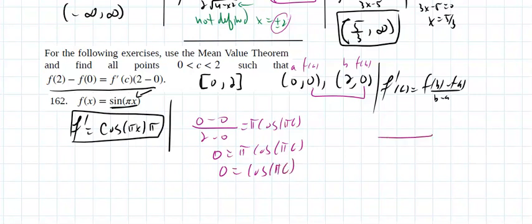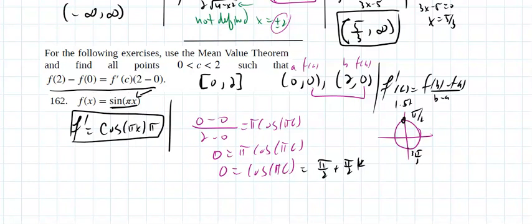So where does the cosine equal 0? Cosine is 0 at pi over 2, which is 1.57, right? And 3 pi over 2. So the answer will be pi over 2 plus pi k.